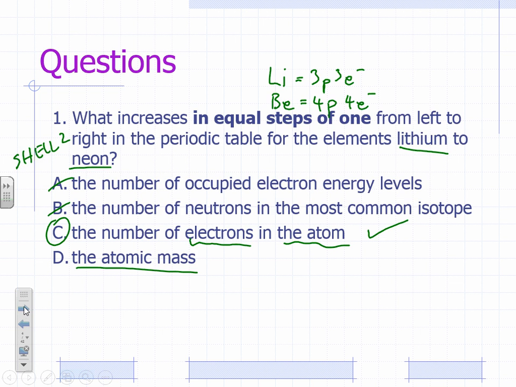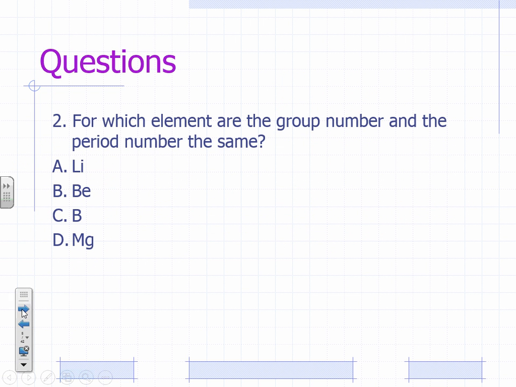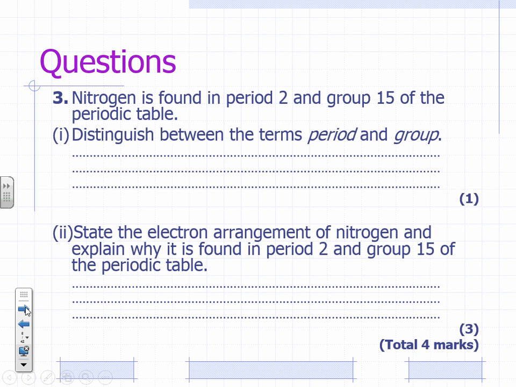Next question. For which element are the group number and the period number the same? Well, beryllium. Beryllium is in period 2, and it's in group 2. B. Question 3.